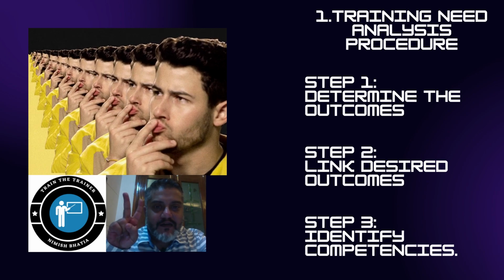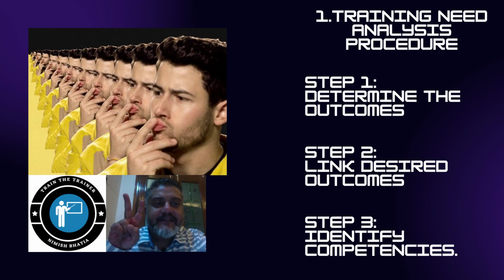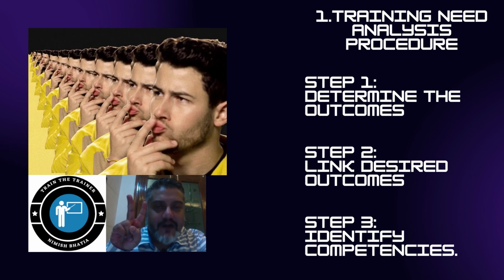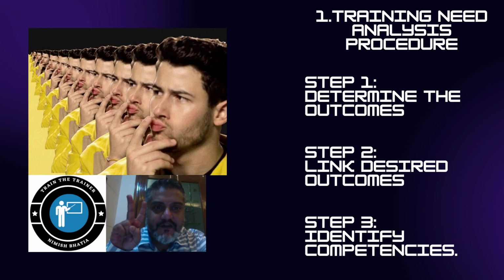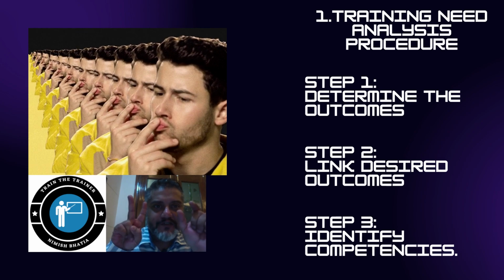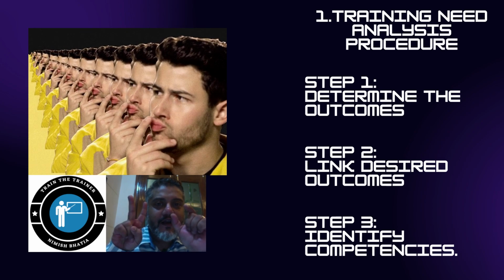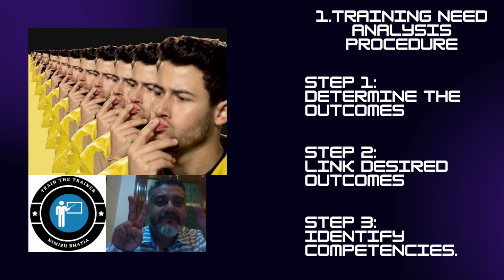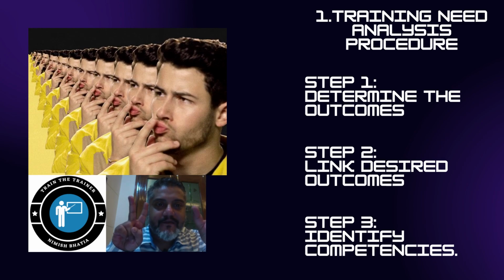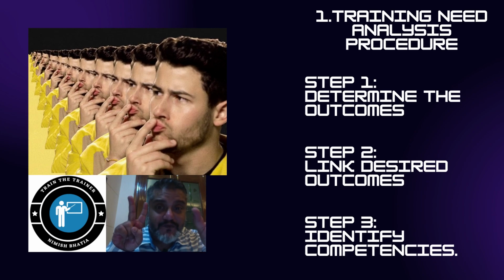Step 2, determine the competencies which drive that desired outcome. Once you know what you have to achieve, then you have to figure out what can actually make you achieve that.